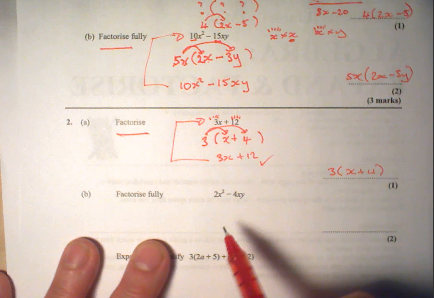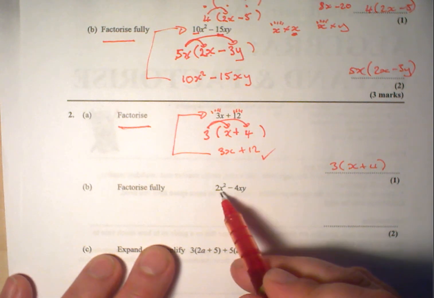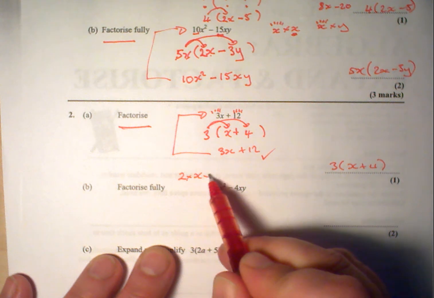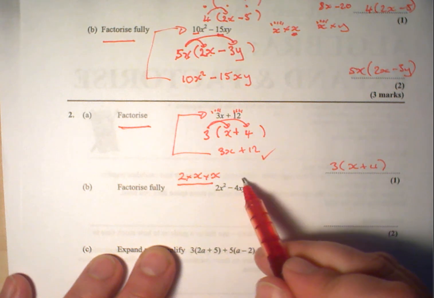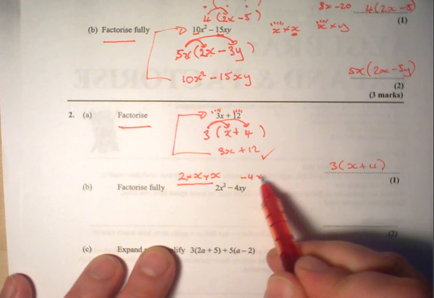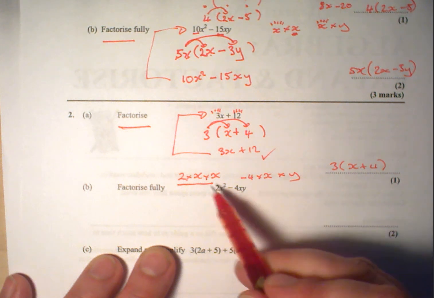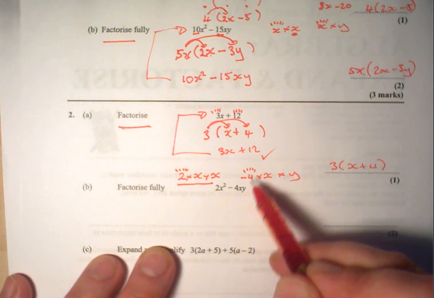Okay, we've got a slightly more difficult one here, very similar to the one we had before, but you have to remember that 2x squared is 2 times x times x. And here we've got minus 4 times x times y. And you can see that in terms of the number, what goes into 2 and also into 4 is 2.